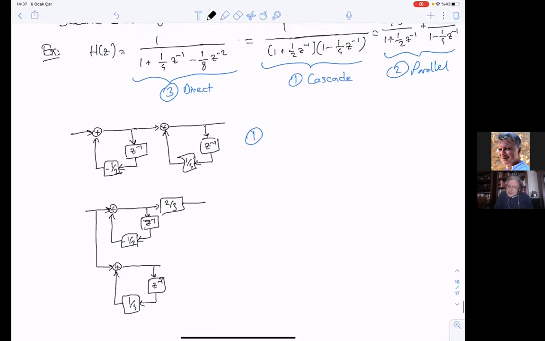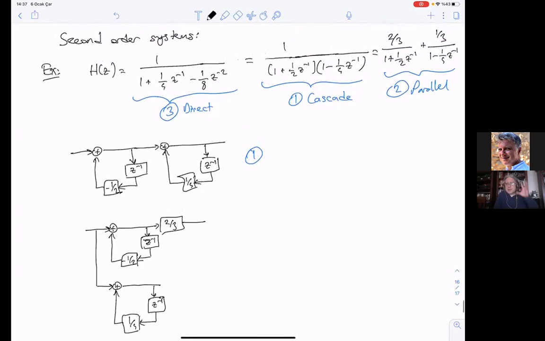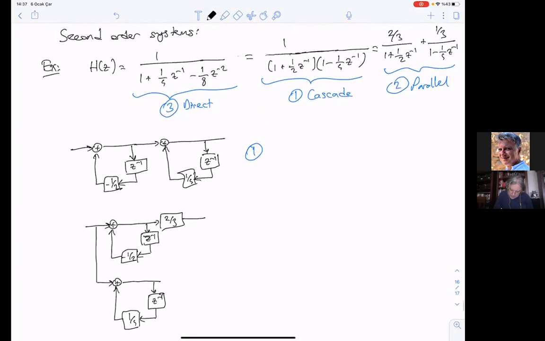And the output of it is multiplied further by 1/3, because in the numerator there was a 1/3. And finally, I have to combine these two outputs. This is X, this is Y, okay? This is realization number 2, which is a parallel implementation.